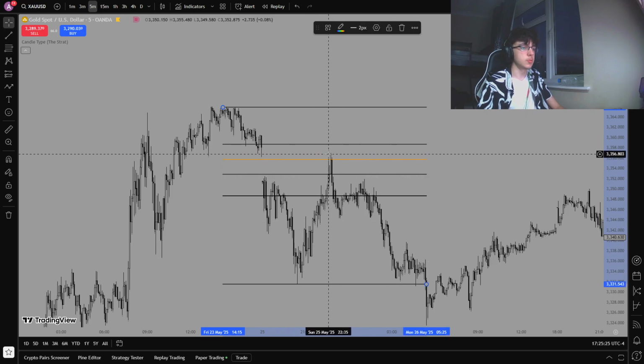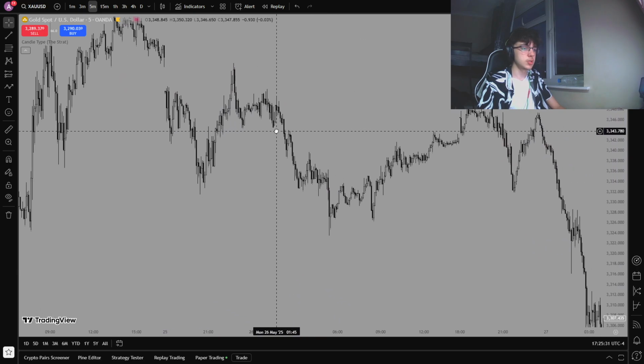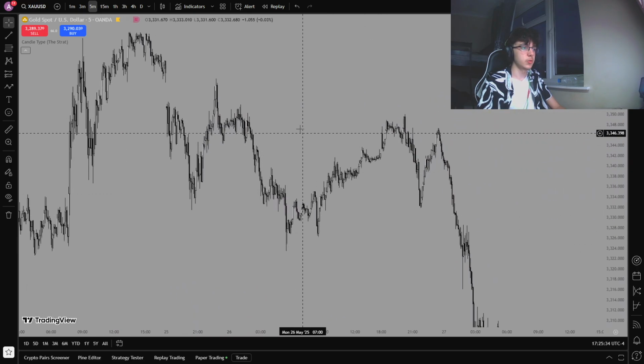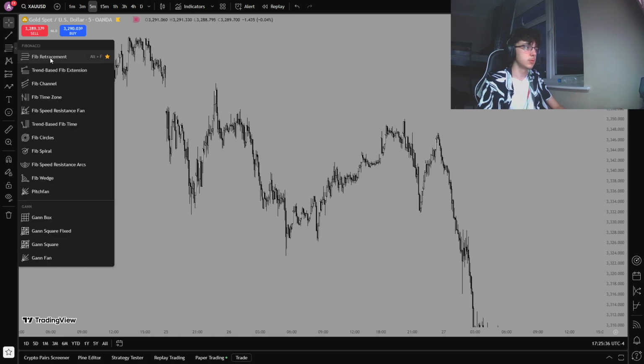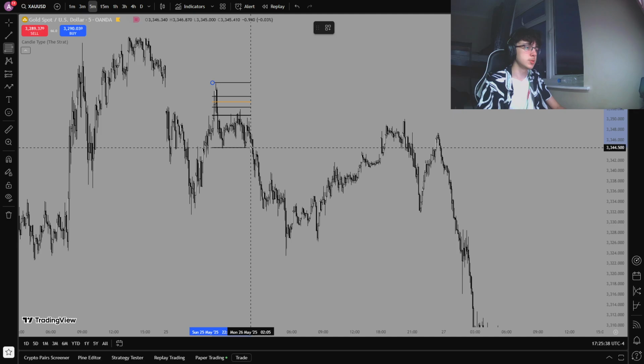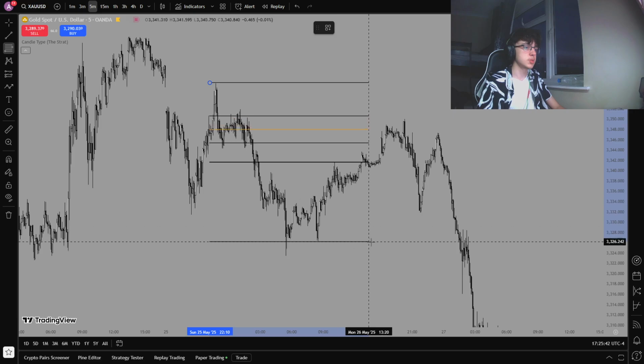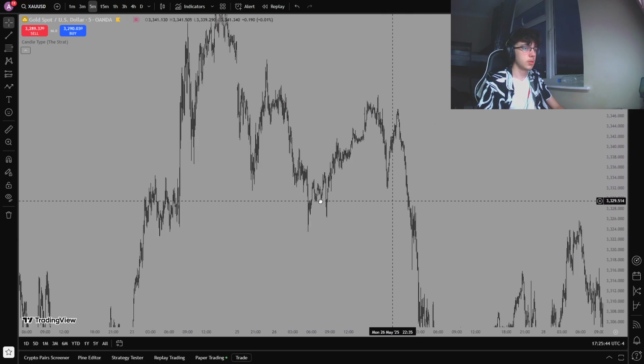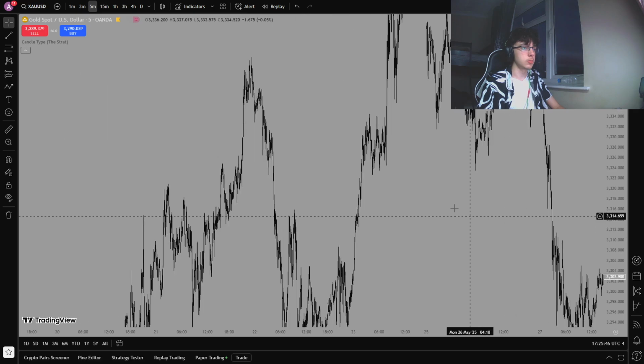You can also see we touch into OTE, but as I said, we'll get to that in the next video. But we rebalance the range. Here we carry on moving down, we haven't rebalanced this range. Here this small range we rebalanced. As you can see, we touched equilibrium. Here we rebalance this range, and we just carry on.